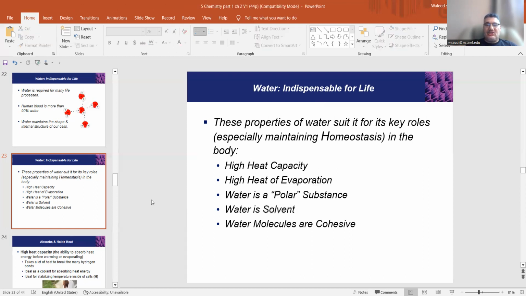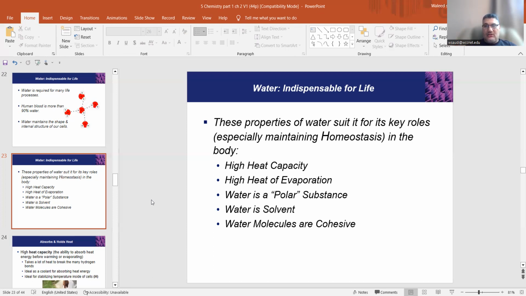It works as a solvent. What does it mean? When I get some sugar and put it in the water, or when I get something like Kool-Aid powder and dissolve it in the water, I end up having a drink. Names: the water is called the solvent.